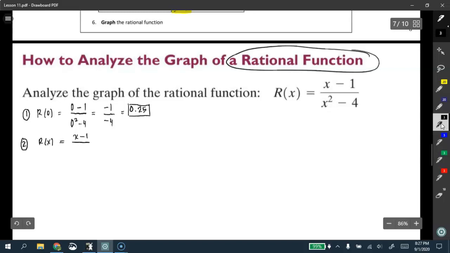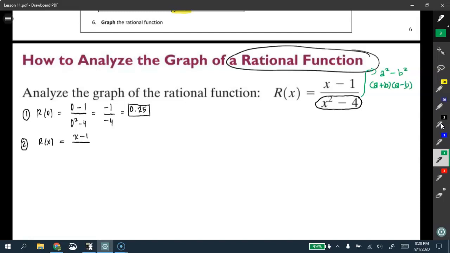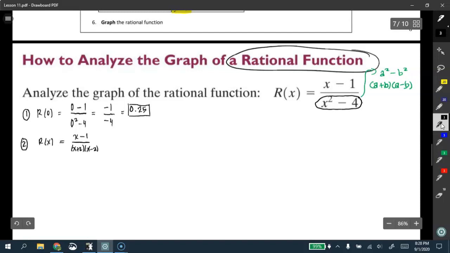And on the denominator, x squared minus 4 can be factorized using the a squared minus b squared formula. If you use the a squared minus b squared formula, you'll realize this gives you a plus b, a minus b. And so using that logic, the factorization of x squared minus 4 is x plus 2 times x minus 2, like that.